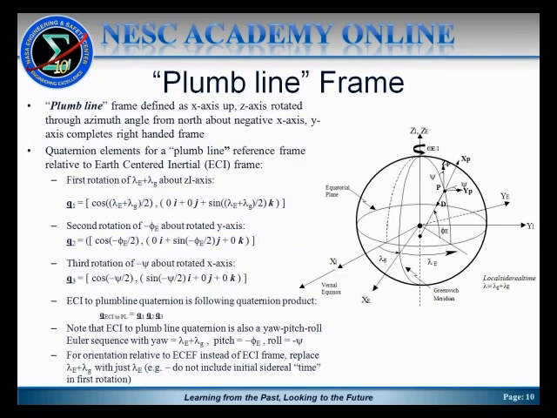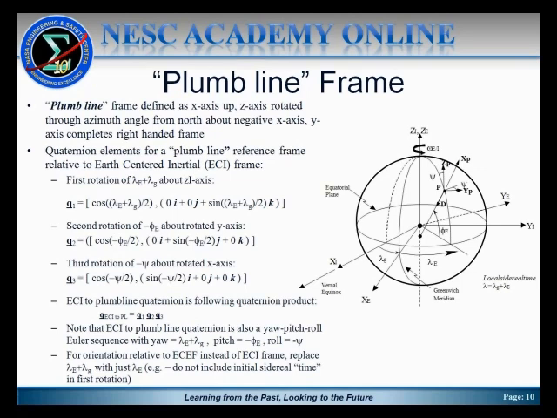Next, we'll cover plumb line frames. The plumb line frame is defined with its x-axis up. The z-axis has been rotated through some azimuth angle about north relative to that negative x-axis, and the y-axis completes a right-handed frame. You can define the quaternion elements for a plumb line frame relative to the Earth-centered inertial frame as follows. It's first a rotation angle of geodetic longitude plus sidereal time about the z-axis, as shown as Q1 there.